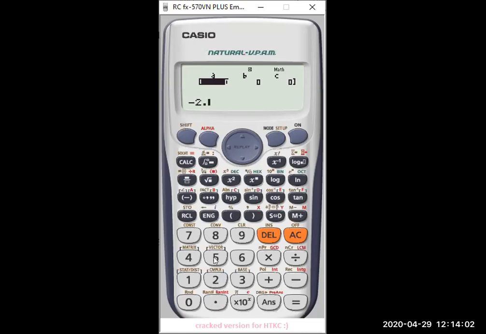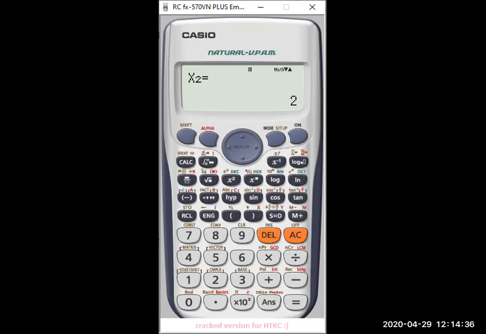Then equal, b is 47.5, equal, and c is minus 85, equal. Then we press equal again. We have x1 as 2 and x2 as 17.